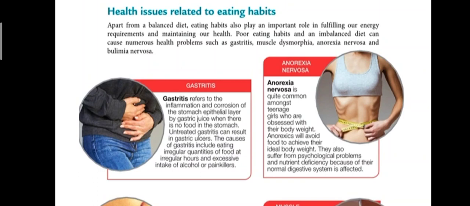Okay, so they also suffer from psychological problems and nutrient deficiency because their normal digestive system is affected. Meaning kalau yang anorexia nervosa, kita sudah nampak mereka sudah kurus, tetapi bagi mereka belum lagi capai ideal body weight. So maksudnya dia juga mengalami masalah psychological problem lah.